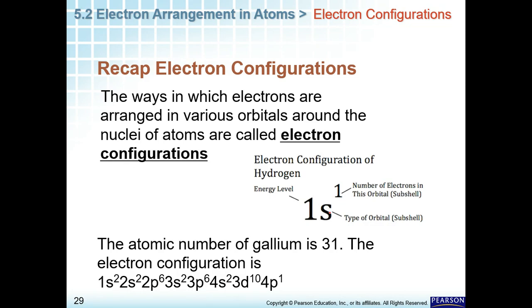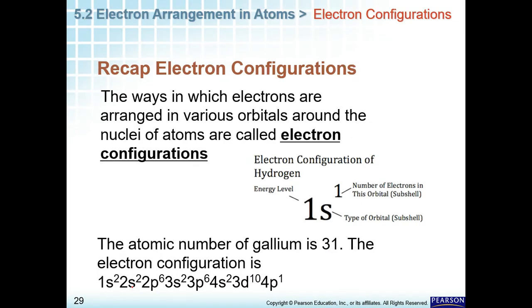Specifically, we learned that s orbitals can hold a maximum of 2 electrons, p's can hold up to 6, d's can hold 10, and f's can hold 14. We also did an example in our notes, and the last one we did was gallium, which has the atomic number of 31, which means it also has 31 electrons.